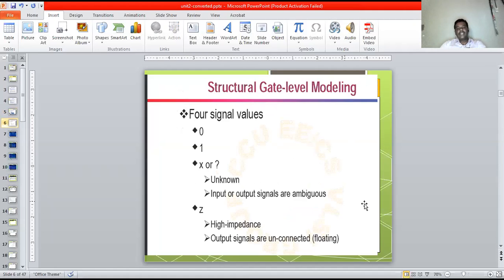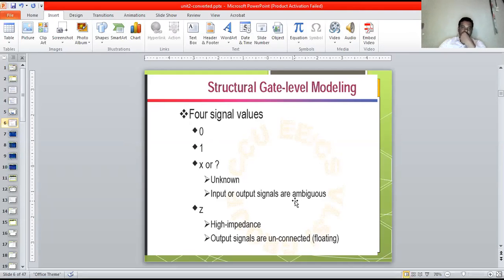Okay, students, that's why in the next slide we talk about the different types of signals in gate level modeling here. What types of signals can we apply here? We can apply 4 signal values. What are the 4 signal values? 0 value, 1 value, X value. X can simply be known as the unknown value or the ambiguous value, for input or output signals.